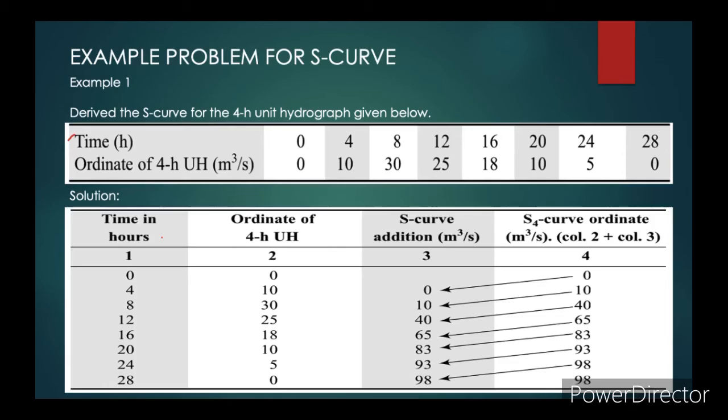The first column is the time in hours, and the second column is the ordinate of the 4-hour unit hydrograph, the same as the given values above: 10, 30, 25, and so on. For the S-curve addition, we are finding values like 0, 10, 40, 65.